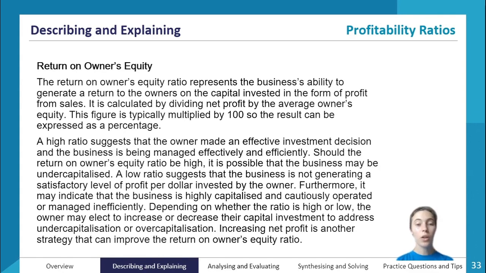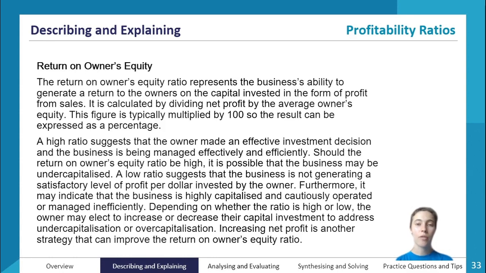So the return on owner's equity ratio represents the business's ability to generate a return to the owners on the capital invested in the form of profit from sales. So you divide net profit by the average owner's equity to find this.